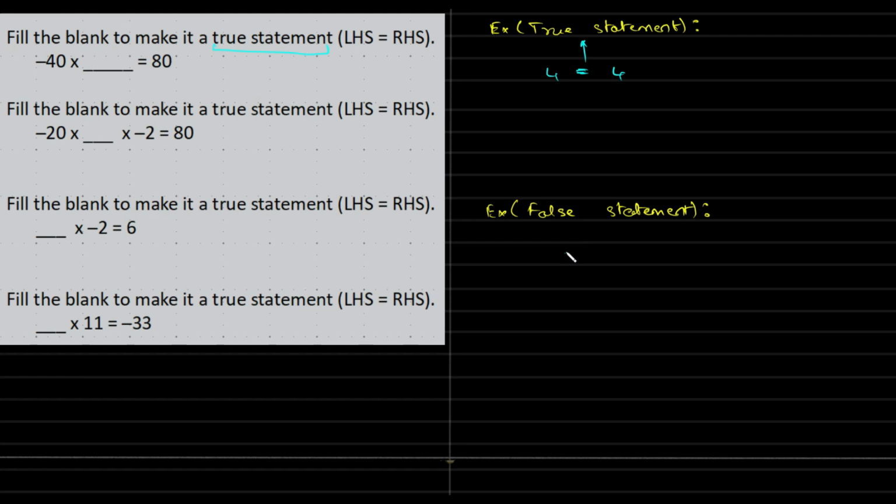When it comes to a false statement, 4 is equal to 5. If you get such an answer, and you will get such answers in 10th grade when you do a topic called linear equation, that is to be concluded as a false statement.